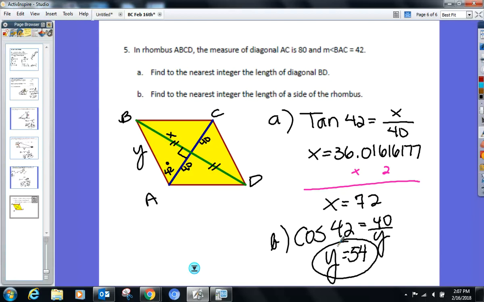Keep going strong here. Are we getting 54 here?